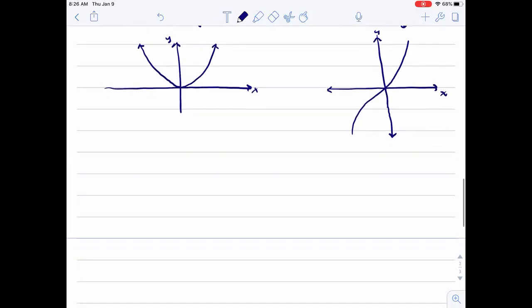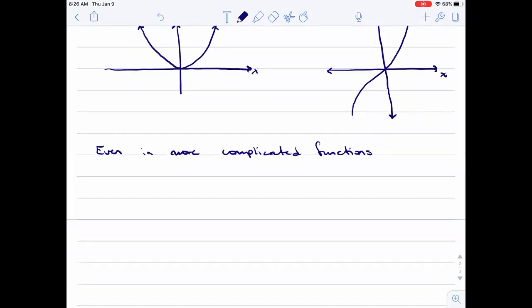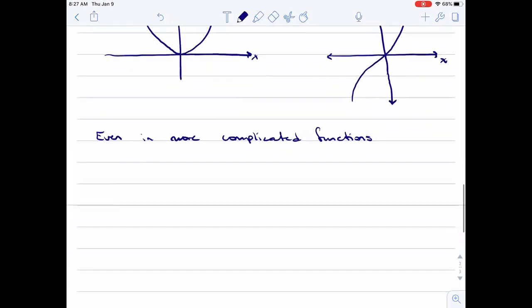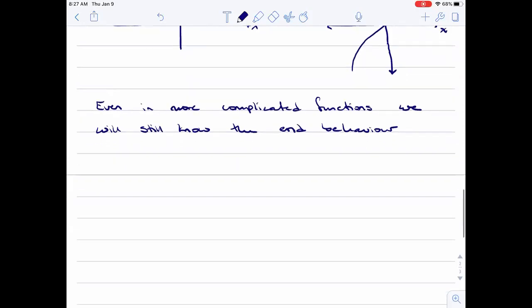So, even in more complicated functions, we will still know the end behavior will behave the same for even and odd functions, right?